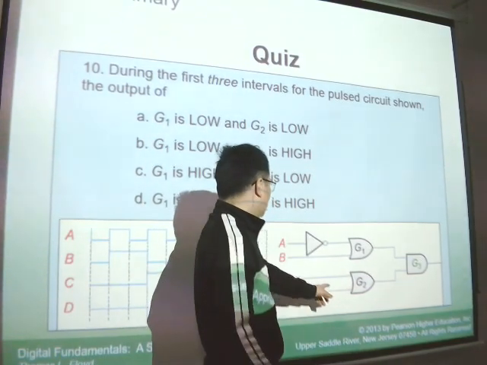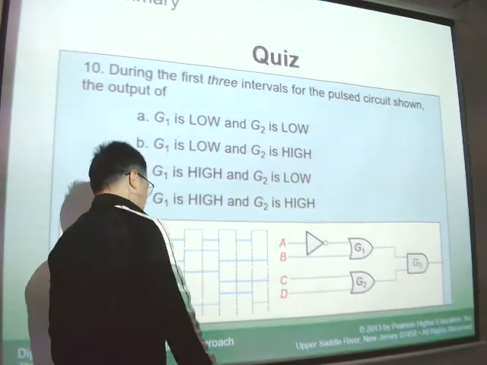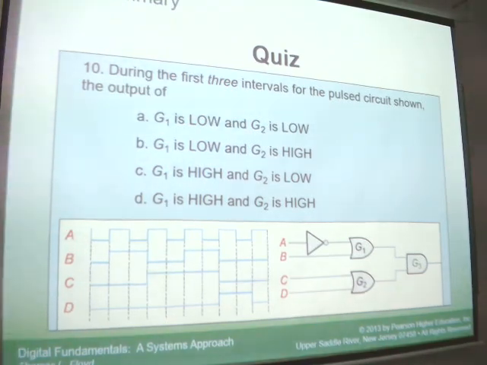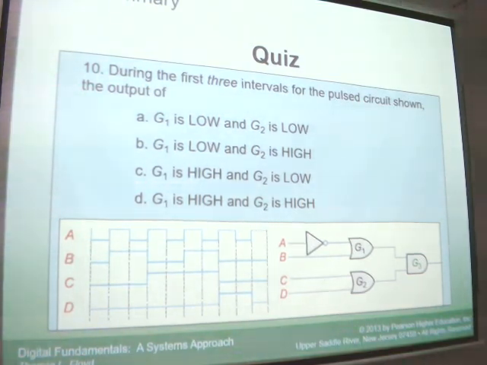A bar or B: A low, B high. A bar or B, and C or D.